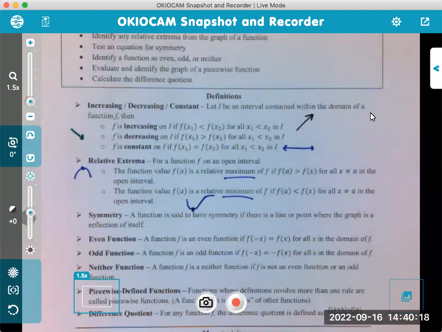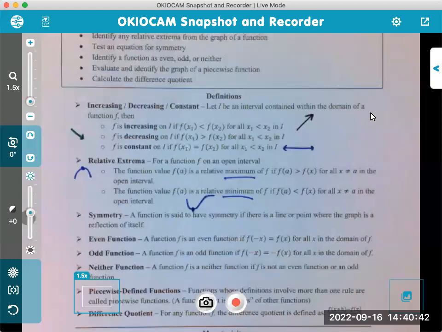Even function. An even function is if we have f of negative x equaling f of x. Odd is if I have f of negative x equaling negative f of x. Neither is just if it's not even or odd, right? So even, odd, or neither functions really tell us what's happening with the inputs and outputs.